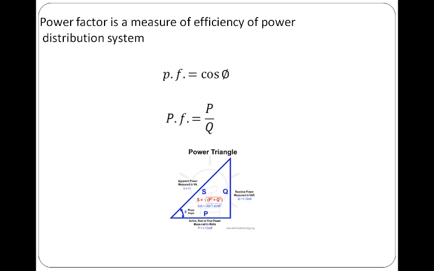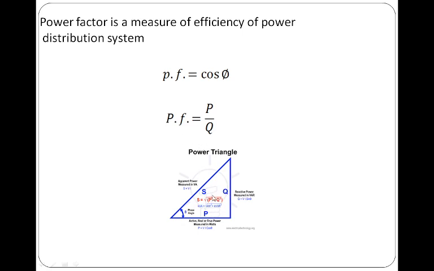If you consider this power triangle, this is reactive power, this is real power, and this is apparent power. We know how to get the modulus of apparent power, which is the square root of the sum of the squares.